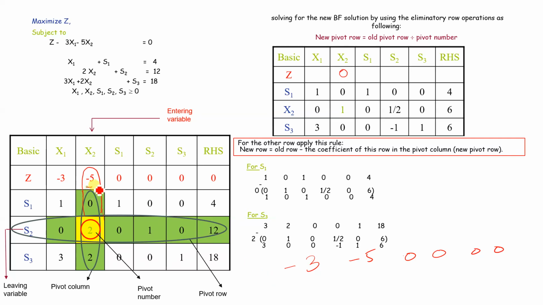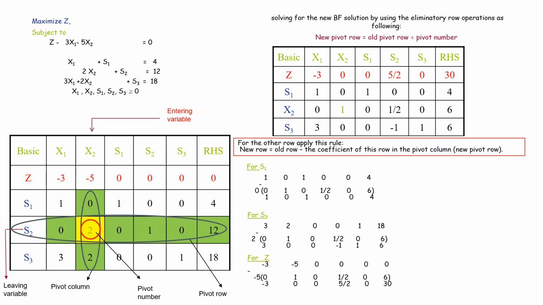The element of this row in the pivot column is negative 5, and we have minus, times the new pivot row 0, 1, 0, half, 0, 6. Let's again do the manipulations. So we have this result: negative 3, 0, 0, 5 by 2, 0, 30.